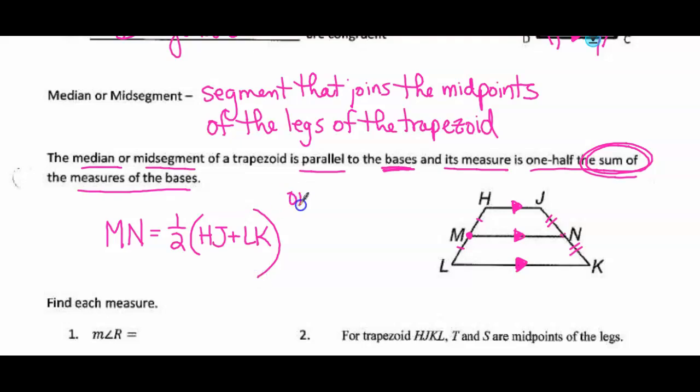Or if you want to take a different perspective, you can say 2 midsegments is the sum of the 2 bases. Your perspective, whatever you want to look at it as, either way, gets you the right answer. And that's everything you need to know about trapezoids.